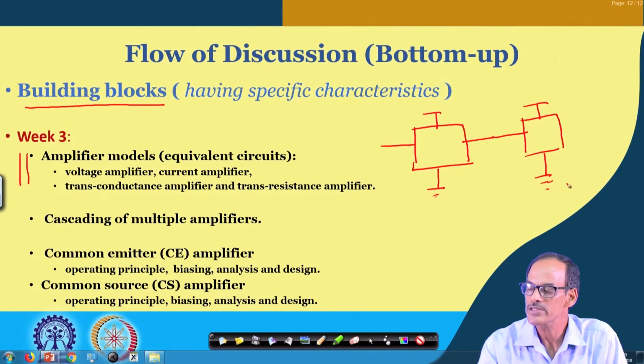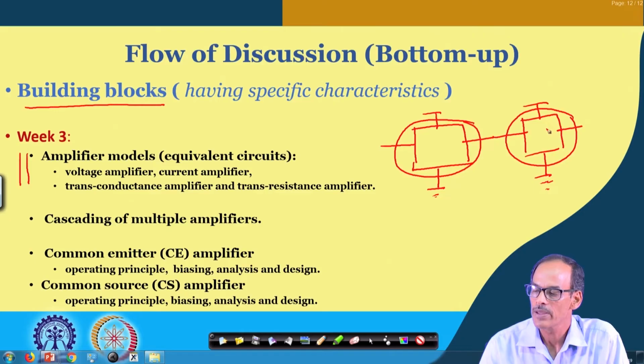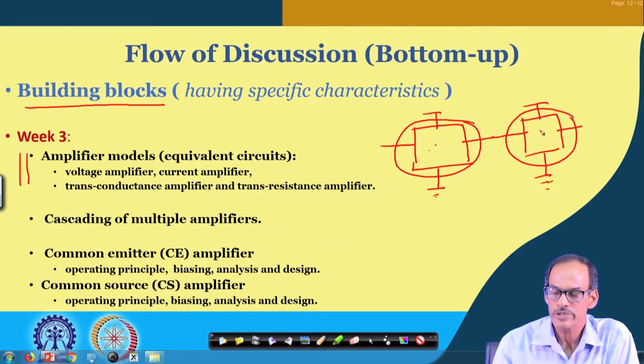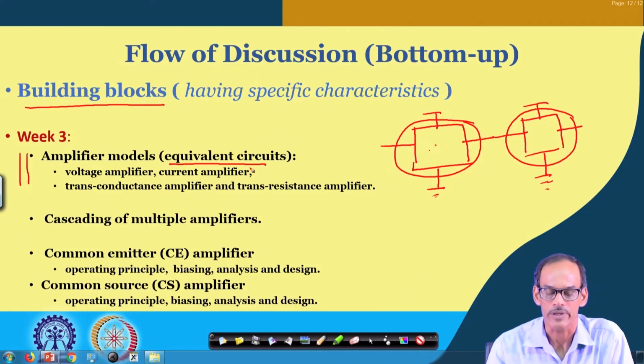So, we need to understand what may be the equivalent circuit of this part, so that constructing a bigger system will not go into the nitty-gritty details within this circuit. Instead, we may consider a simplified circuit of this one and this one together. Those simplified circuits will be called equivalent circuits.